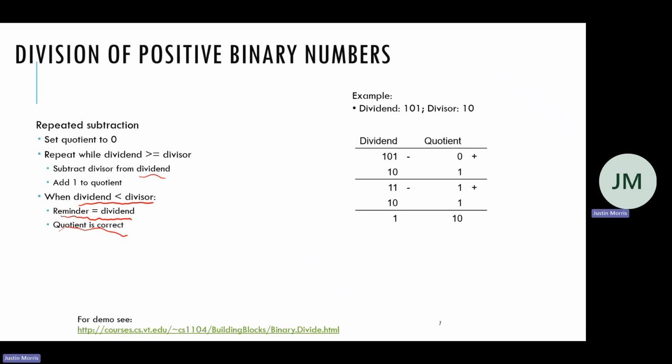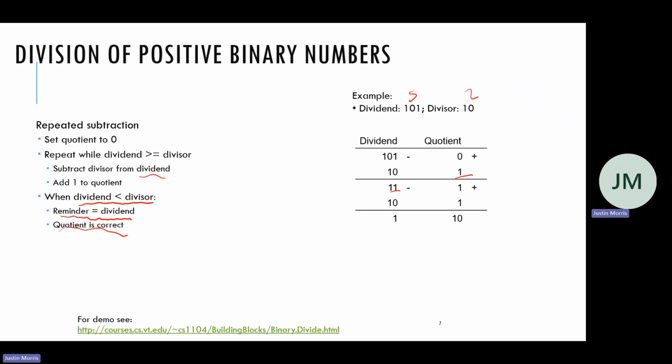So here's our example. This is 5, this is 2, right? First step, subtract 2 from 5, right? I get 3, and I add 1 to the quotient, because I wasn't too large yet.